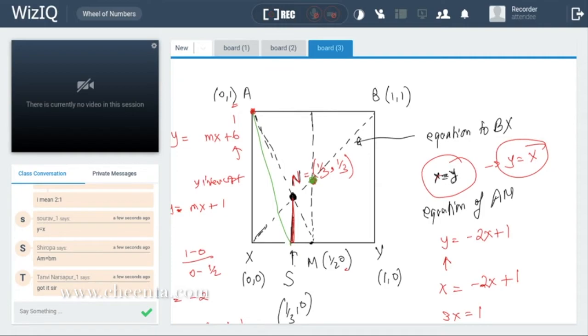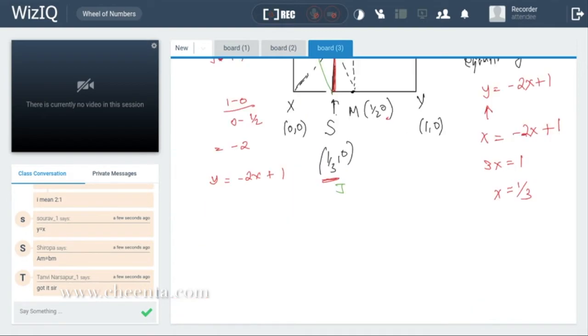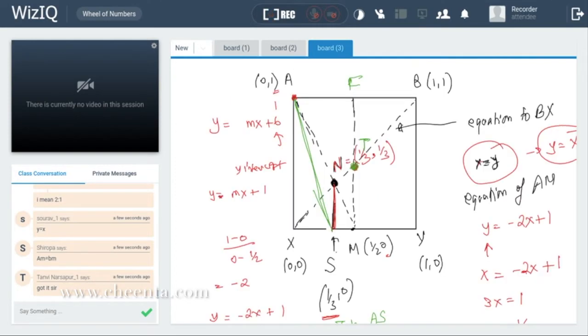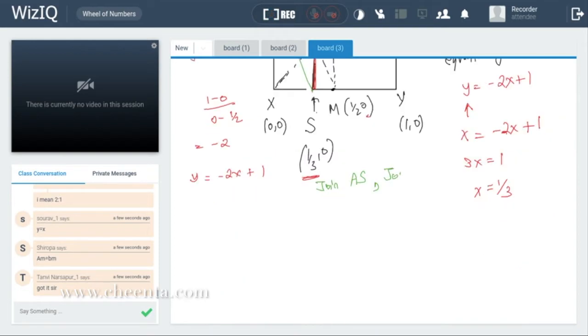Let's call this point T, the intersection point of BX and the midline MF. So now join AS, like you joined here, and also join ST.